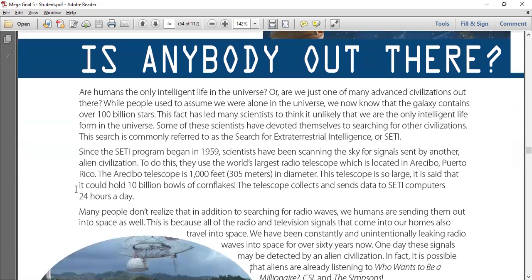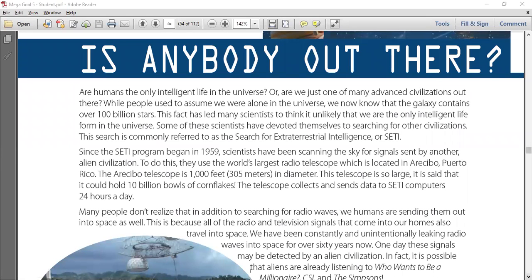While people used to assume we were alone in the universe, we now know that the galaxy contains over 100 billion stars. This fact has led many scientists to think it unlikely that we are the only intelligent life form in the universe. Some of these scientists have devoted themselves to searching for other civilizations. This search is commonly referred to as the Search for Extraterrestrial Intelligence, or SETI.